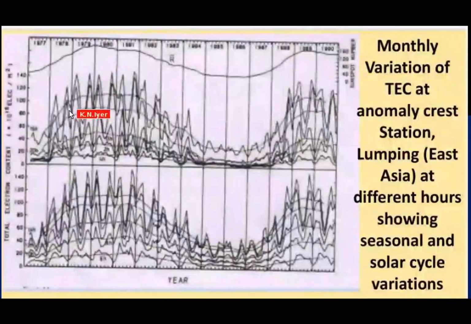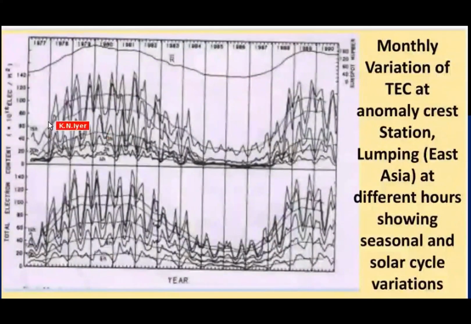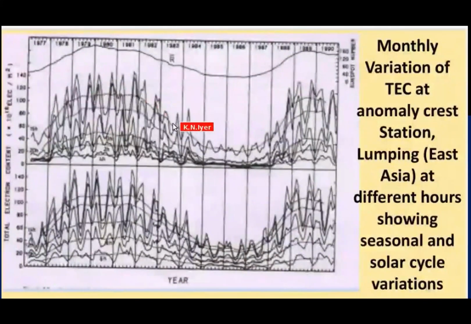So the uppermost curve shows the sunspot number variation, which has a periodicity of about 11 years. And if you look at the mean curve of the TEC value, that also shows a similar 11-year cycle trend similar to the solar activity variation. And the actual TEC variation within 1 year, if you look at that, you get 2 cycles or 2 peaks within each year.